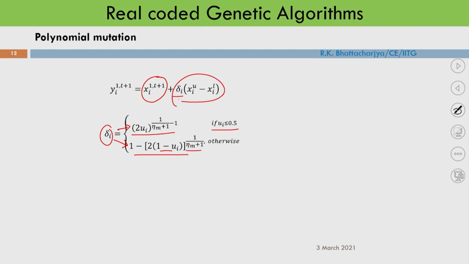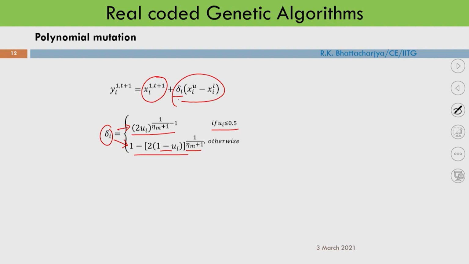Here eta m is a parameter of this particular mutation operator, and using eta m you can actually control the mutated value.